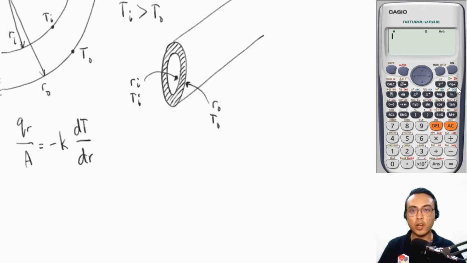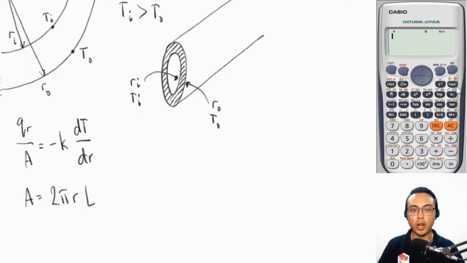So the surface area of the pipe is dependent on its radius and its length. So we write the surface area of the pipe as 2 pi r L. Now notice that we have not decided if we are going to use r sub i or r sub o as our radius in the computation of the area. That's because r is an independent variable and that will be part of our integration.